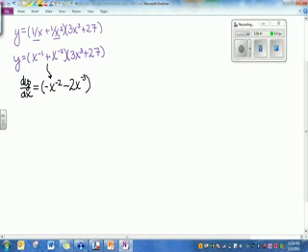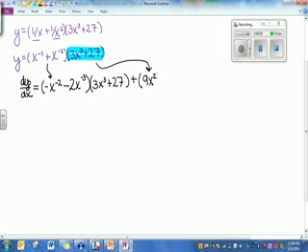The derivative of the first times this second piece times this, 3x cubed plus 27. And to that I will add the derivative of that second piece, which is 9x squared, times the first, which is x to the negative 1 plus x to the negative 2. That is the piece of calculus.